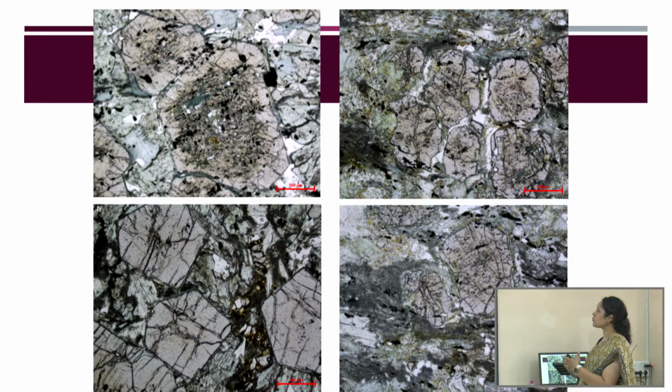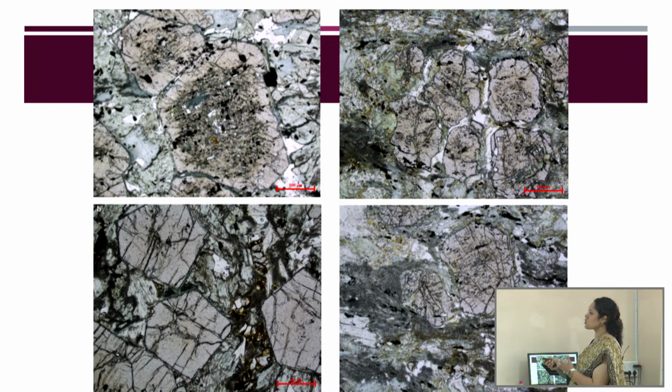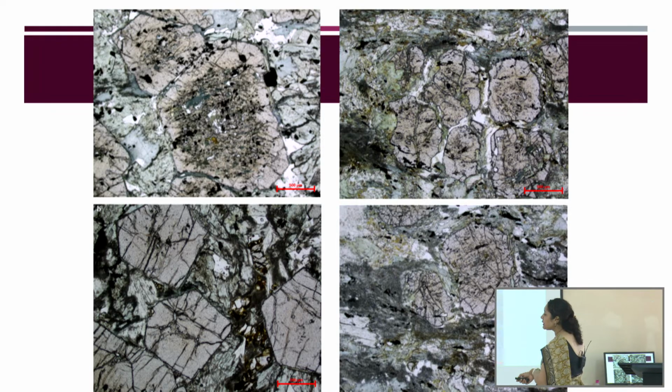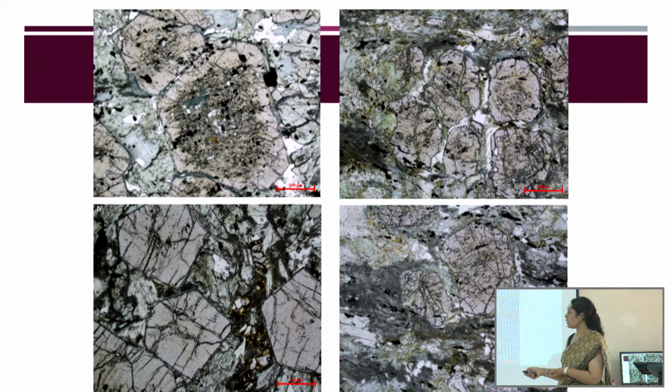They are beautiful euhedral idioblastic grains with cores full of inclusions, rims which are relatively free of inclusions, and of course at places completely devoid of any inclusions. Okay, these are the grains which are the coesites.